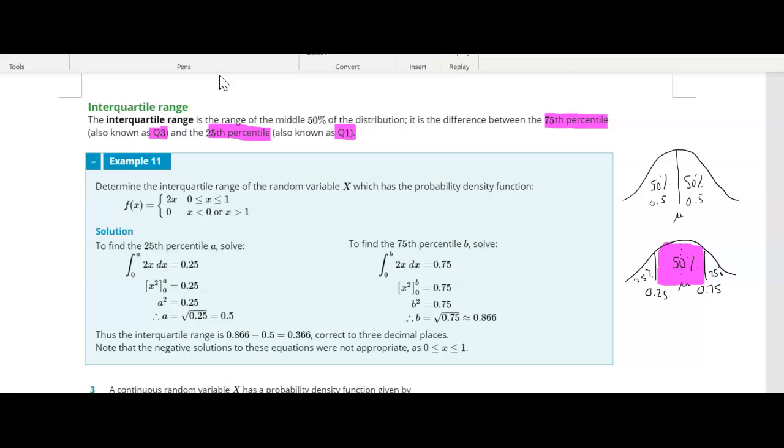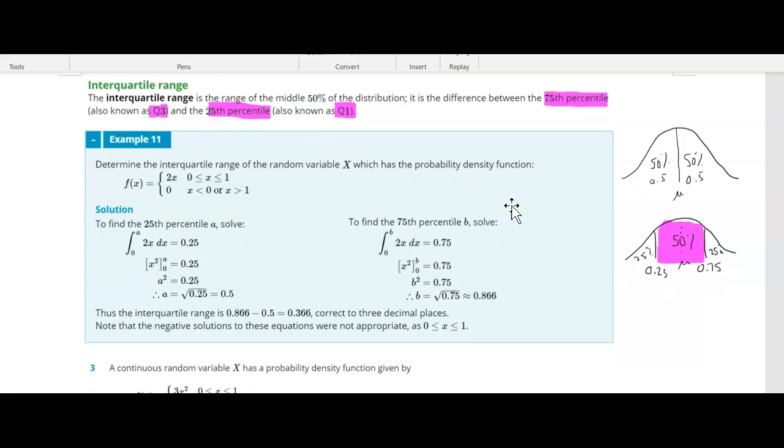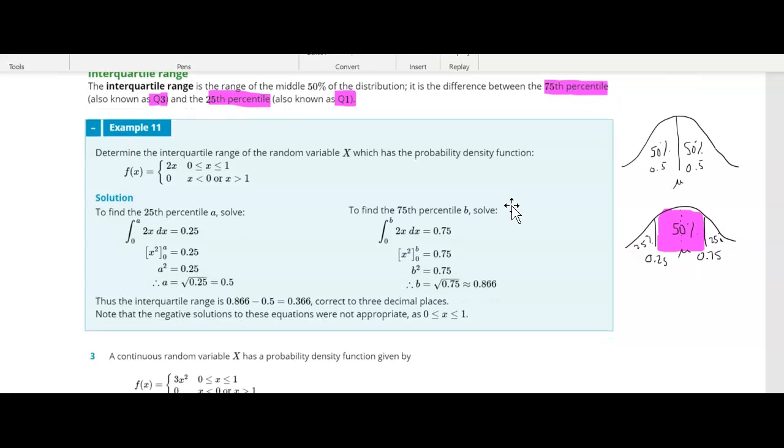You would have done interquartile range in year 9, probably year 10. So it shouldn't be an unfamiliar term to you, but it's not hard either. So if you didn't have any trouble calculating the median in 15b, you're not going to have any trouble doing the interquartile range. So your interquartile range, basically we look at the 25th percentile, or we just let it equal 0.25.